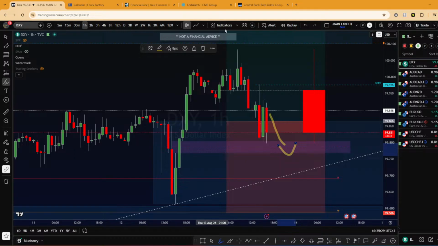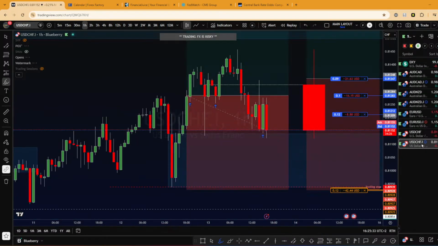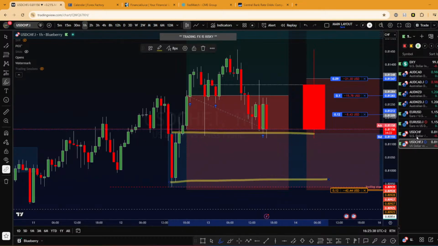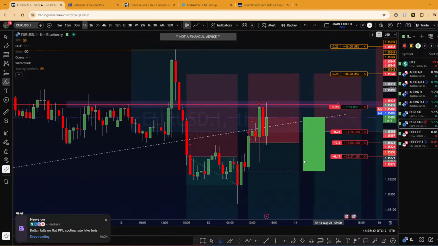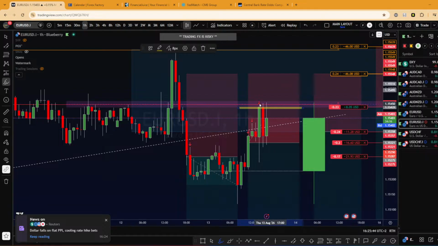And this is what is complicating my trade on USDCHF, on Euro USD. Yes, I don't really want to see a break above here. If I see this, I think I will close.